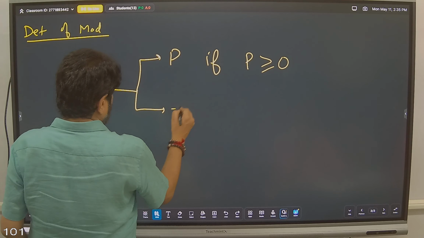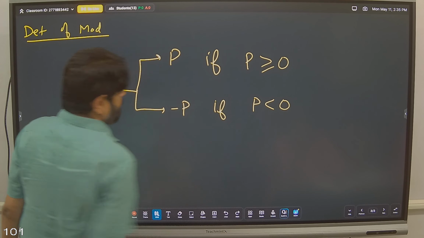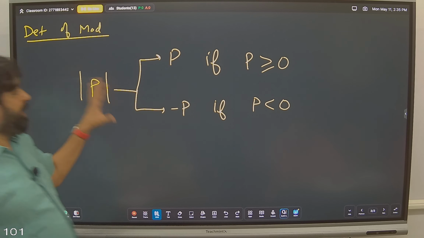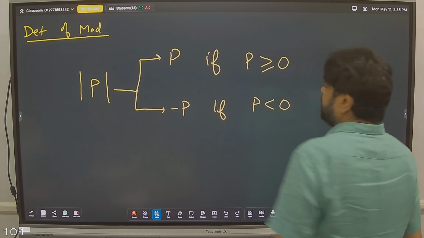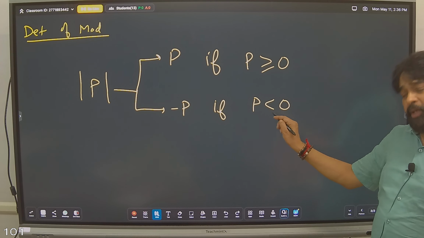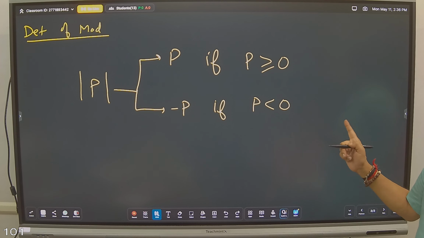Else mod P is minus P if P is less than 0. This is what is called the definition of the properties of mod P. Can I put equal here also? Yes, you can put equal here also. Anybody having a problem with this?